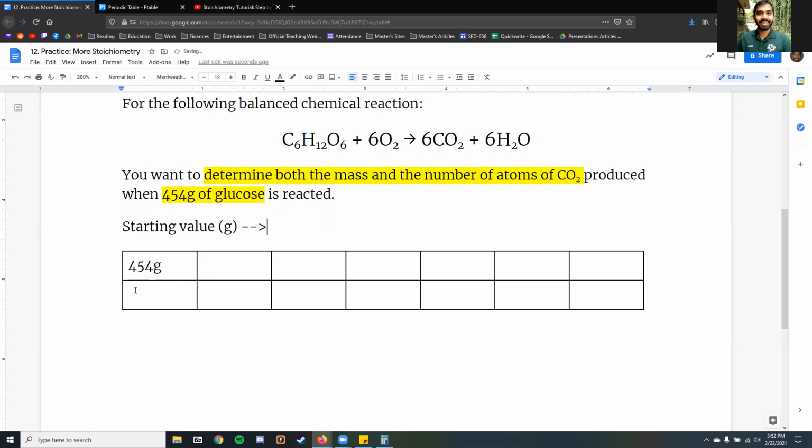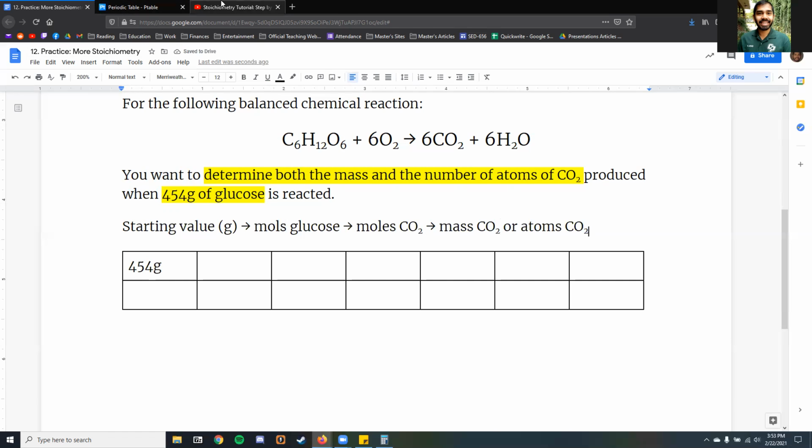We want our unit here in moles. We want moles of glucose. From there, that's when we start using the mole ratio and turn that into moles of CO2. And then after that, we turn that into either mass of CO2, which is measured in grams, or the number of atoms of CO2.